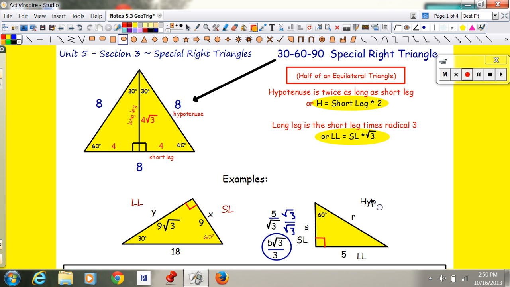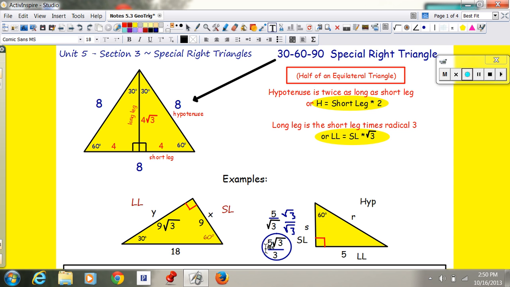Now your hypotenuse is twice this amount. Remember, the short leg was 4, the hypotenuse was 8. So what I have to do is take this amount, 5 radical 3 over 3, and double it. In other words, I have to multiply it by 2, or 2 over 1.